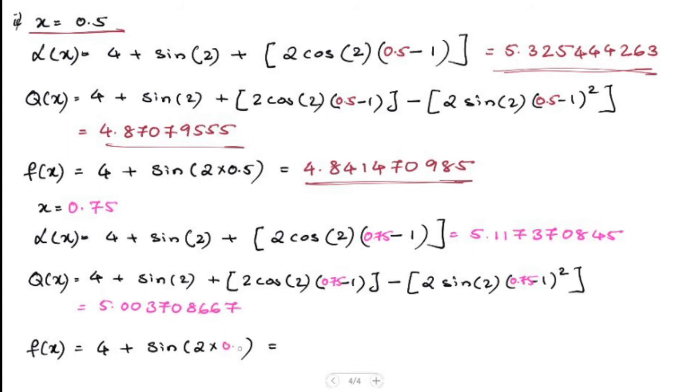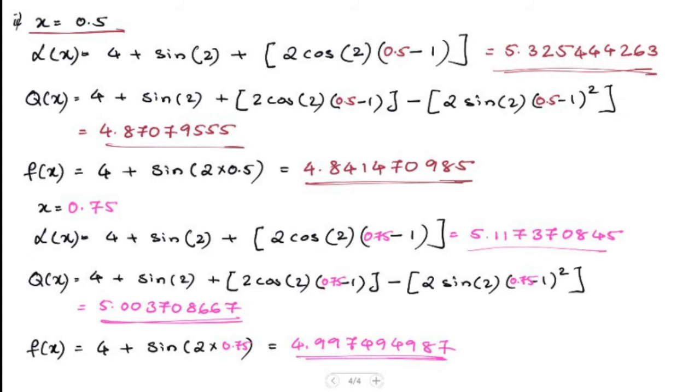And then here we put 0.75, we get 4.997494987. So again, if we look at this now, we'll see that the quadratic approximation is closer to the actual value than the linear approximation here.